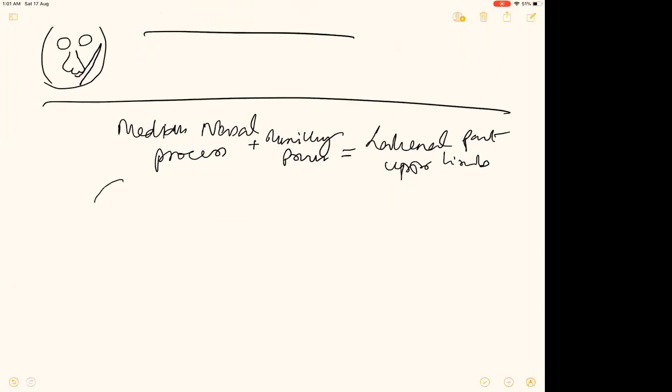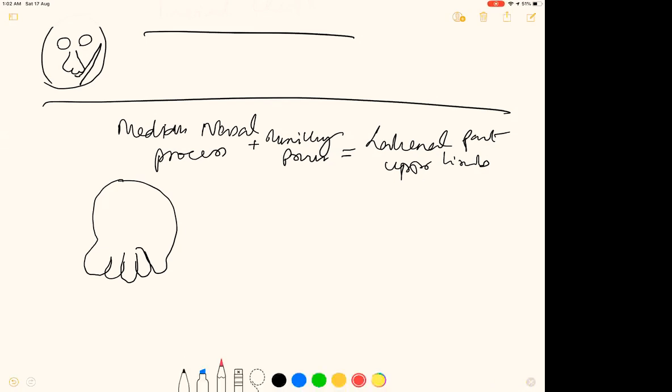So that means if I draw a picture, these are the lateral processes, this one is the lateral nasal process, and this one is the medial nasal process. What is important is that these maxillary processes, which I have shaded blue, are the two.